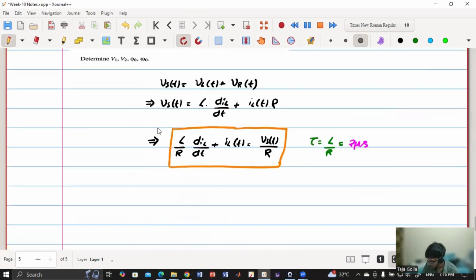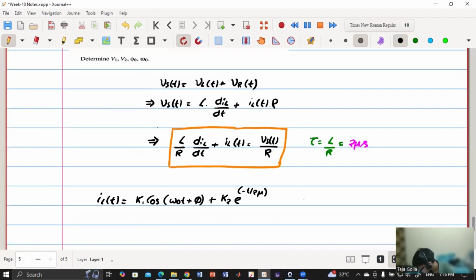Now I will write the generalized expression of IL of t. IL of t will be some scaled version of cos of the input, so it is cos of omega naught t plus some phi, plus k2 into e to the power minus t by 2 micro. Do you agree with this? And here omega naught is also given because it is the input frequency.